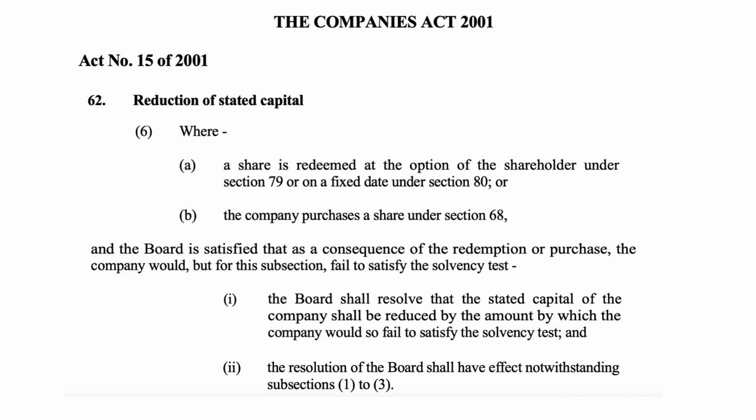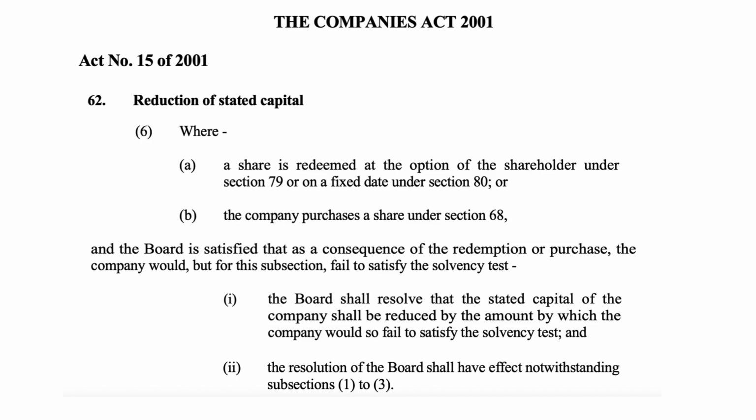Subsection 6 states that in situations where A, a shareholder opts to redeem a share under Section 79 pertaining to redemption at the option of a shareholder or on a predetermined date as per Section 80 pertaining to a redemption at a fixed date, or B, the company acquires a share under Section 68 pertaining to a company purchasing or redeeming its own shares, and the board determines that due to this redemption or acquisition, the company would otherwise not meet the solvency test, then 1.